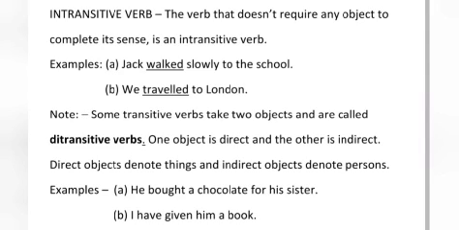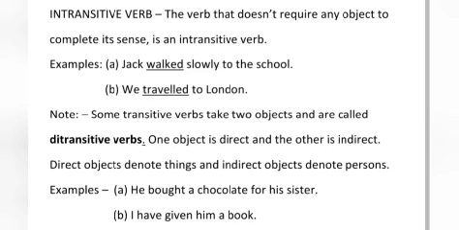Ditransitive verbs means the verbs with two objects are known as ditransitive verbs. Out of these two objects, one will be a direct object and the second one will be indirect. How will you distinguish? Direct objects denote things and indirect objects denote persons.